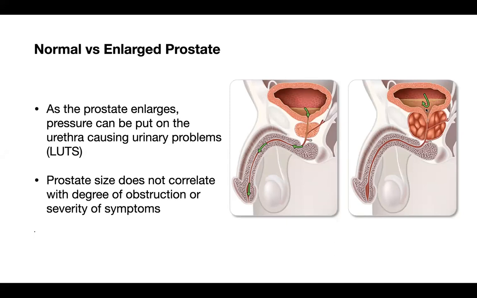Even after voiding, the patient might present with a residual volume of urine within the bladder. The other aspect is that prostate size does not really correlate with the degree of obstruction or the severity of the symptoms. Like I alluded to earlier, a small increase in the median lobe will cause more obstruction compared to what is needed for the lateral lobes to cause obstruction.